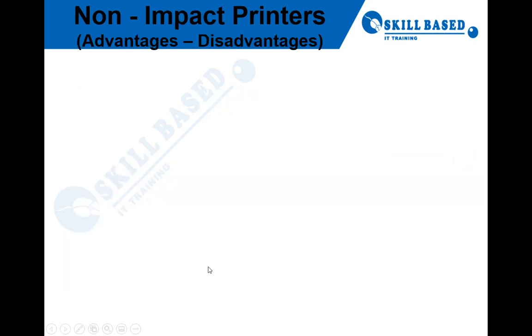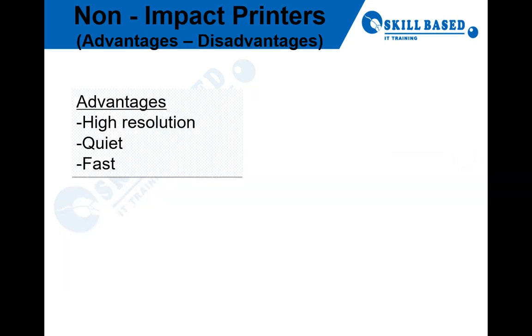So what are the advantages and also disadvantages of the non-impact printers? Number one, the advantage is high resolution. They produce very high resolution. So if you are considering purchasing a printer with high quality images, okay, with better colors, then definitely non-impact printers are the right choice. And then they are quiet and they are fast because they have a faster printing speed.